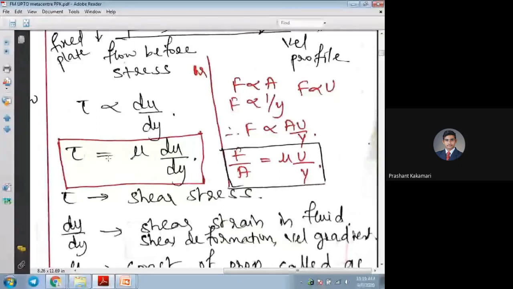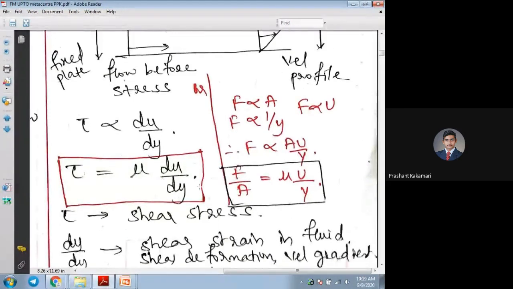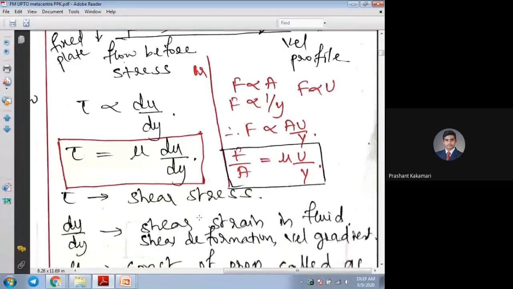If shear stress is given, you can go by this. Or if the shear stress is not given, you can relate these two equations: mu into u by y, F by A equal to tau. That tau is nothing but shear stress. So by using these two formulas, one can solve the different numericals.